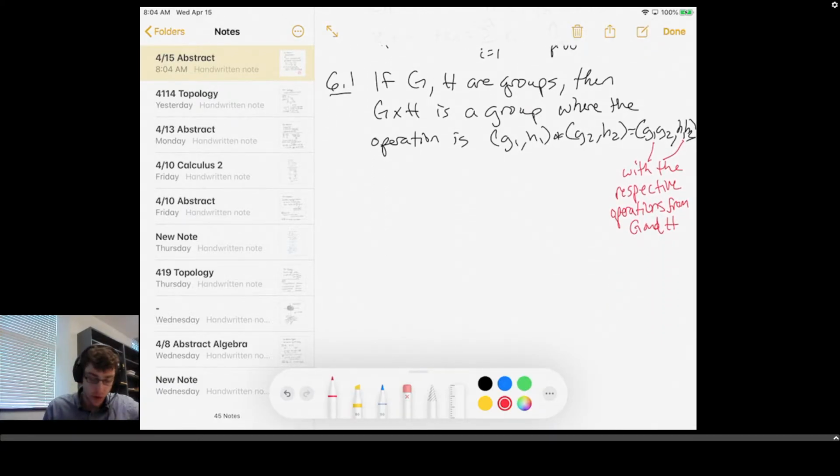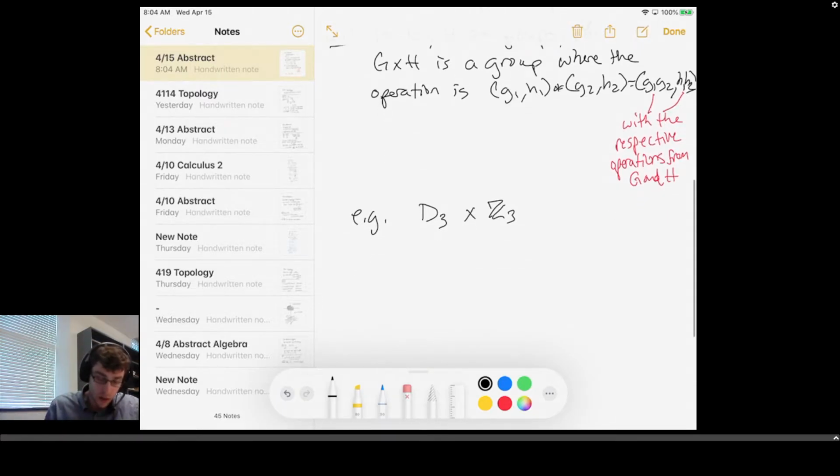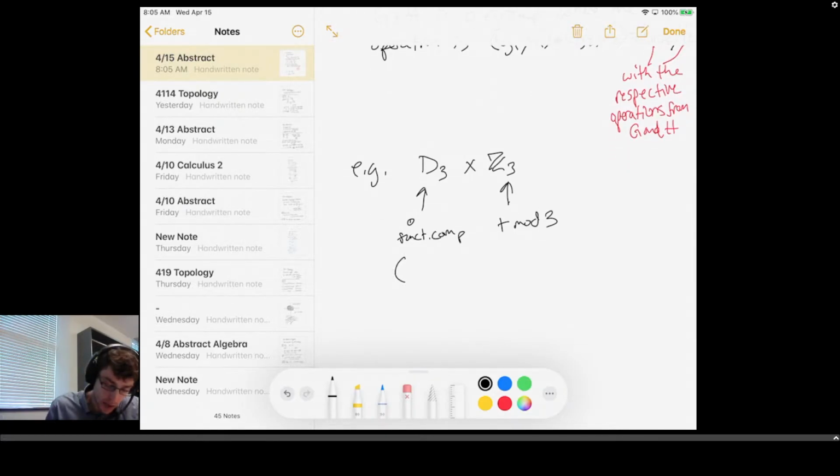So that multiplication could be different if these groups have different operations. You could have, for example, D3 cross Z3. Over here you've got function composition, and here you've got addition mod 3. So when you compose things, if you have, for instance, (R, 1) star (R, 2), then what do we get?